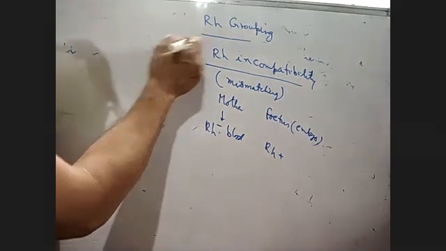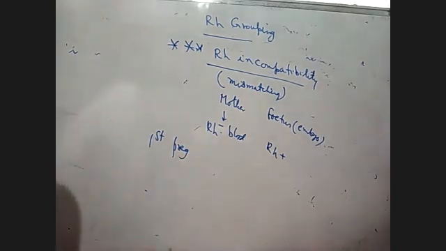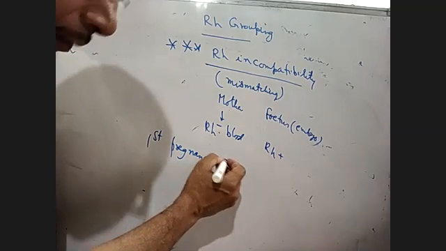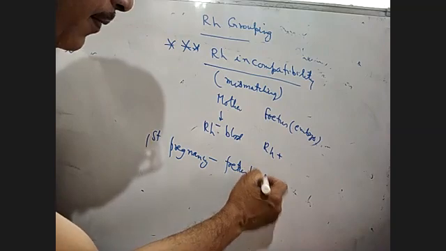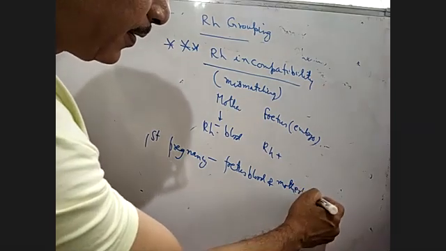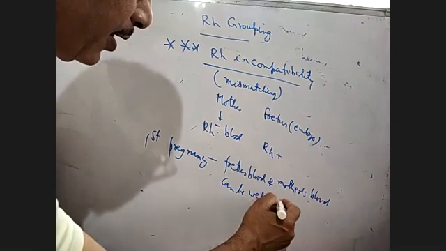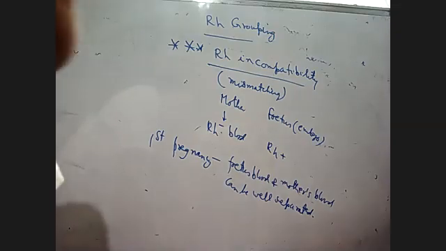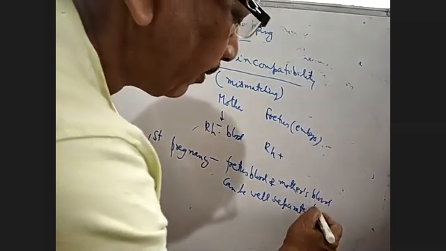This is very important, just mark this one. Please write this down: in the first pregnancy, the fetus blood and the mother's blood will be well separated by the placenta.